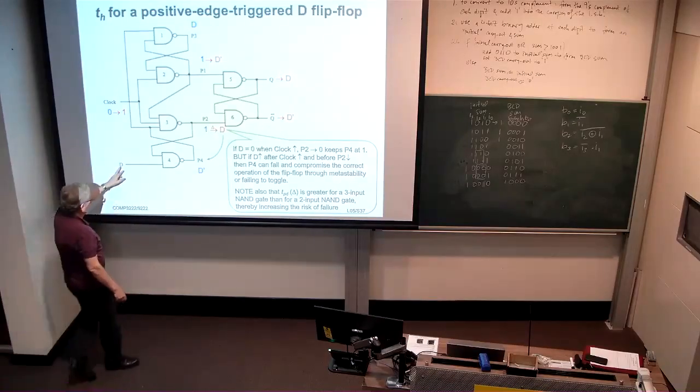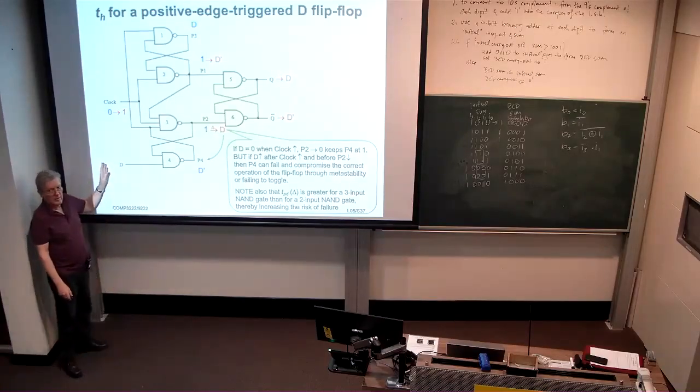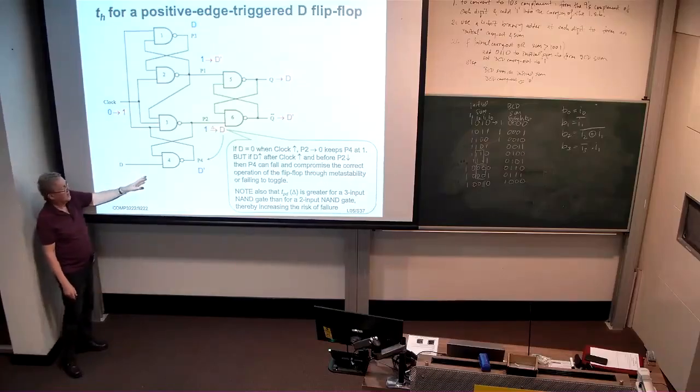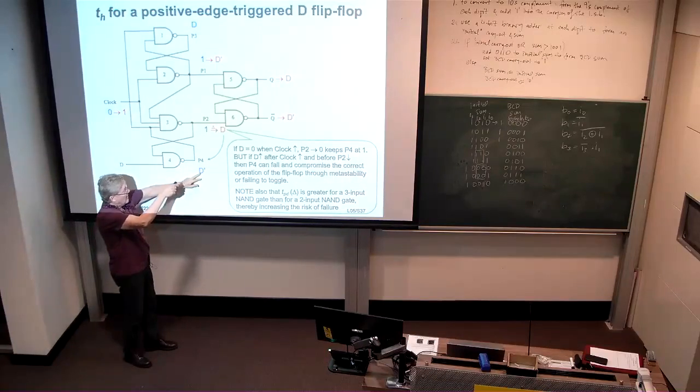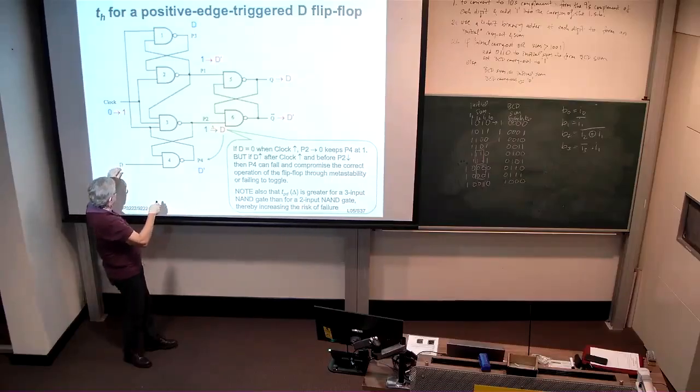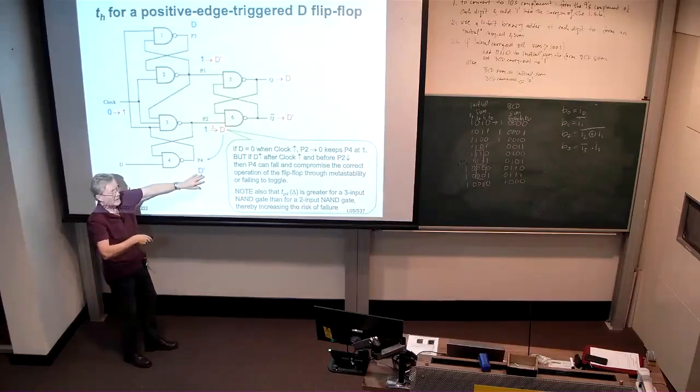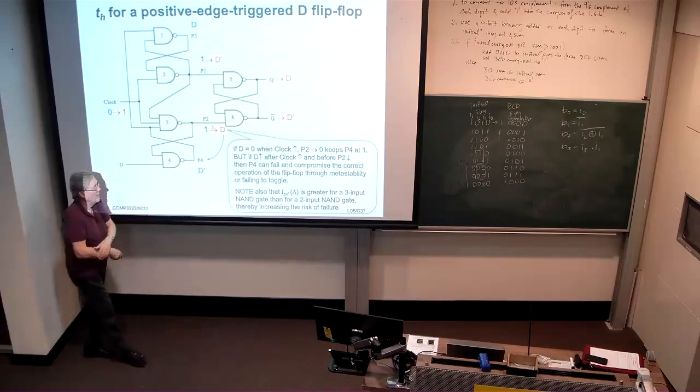But what if D changes between 0 and delta time? Well, that means that this guy could therefore change because this guy isn't at 0 yet. And as a consequence of not being at 0, the 1 is still active, and therefore whatever D changes to, we're going to get not D occurring over here on P4.